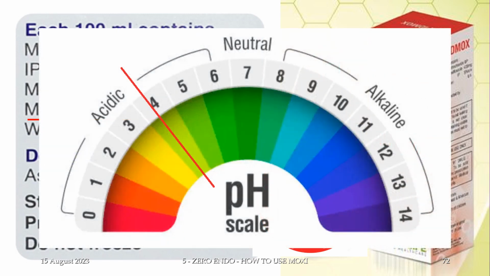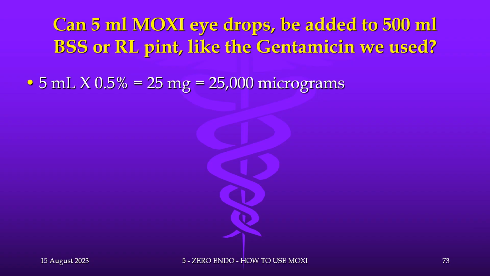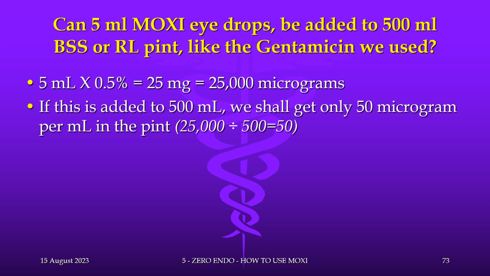Some friends ask me, can 5 ml of Moxi eye drops be added to 500 ml of BSS or a Ringer lactate pint like the gentamicin we used to use? The answer: 5 ml multiplied by 0.5% is 25 milligrams, that is 25,000 micrograms. So in 5 ml of eye drops there are 25,000 micrograms of the drug.